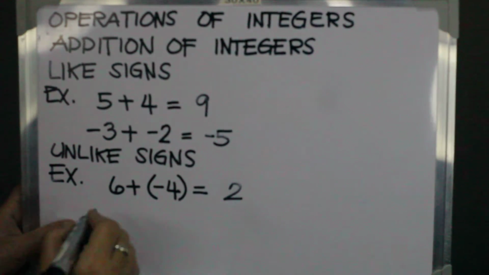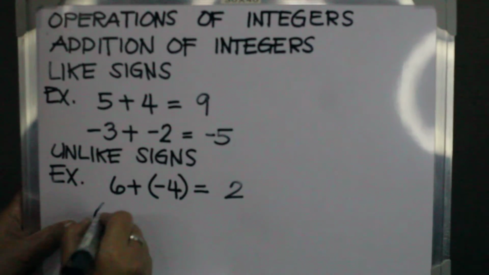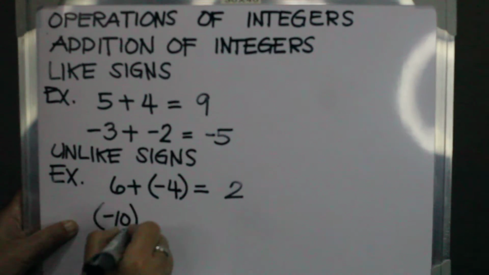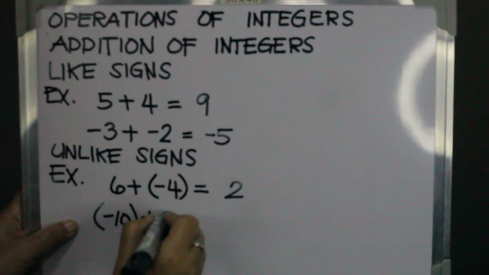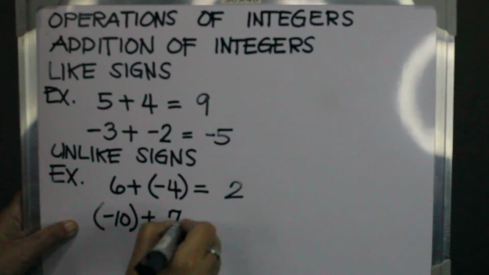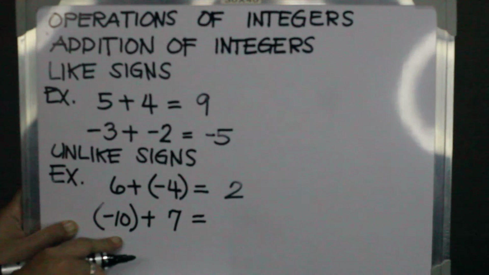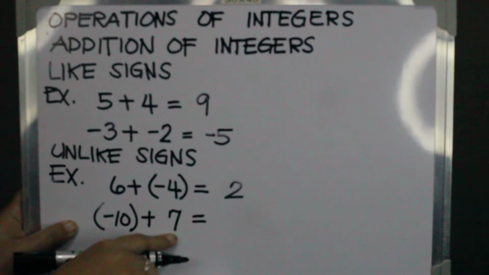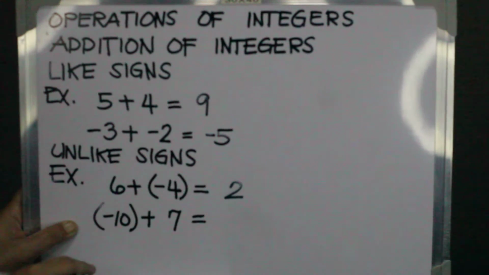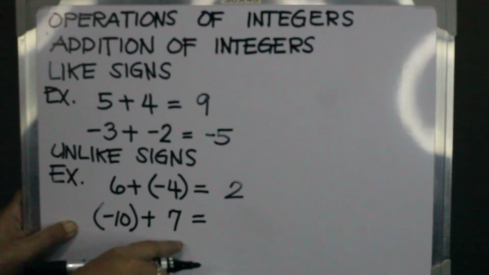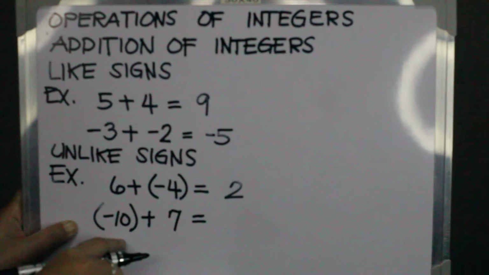Another example, if we have negative 10 plus, let's say, positive 7. Try to see, we have a negative integer and a positive integer, so they are unlike signs. When you add this, you simply subtract the numbers.